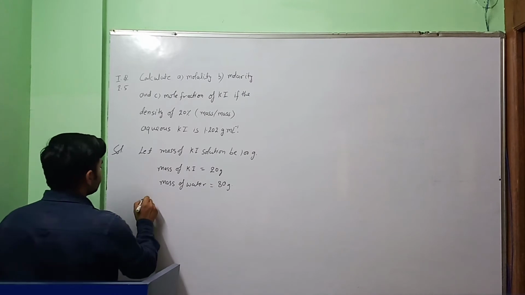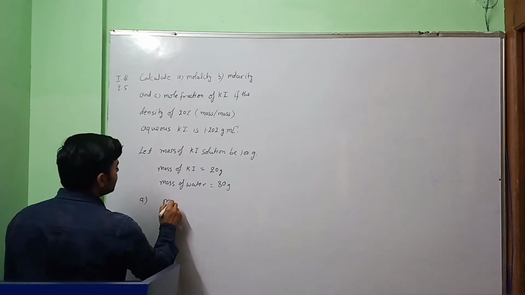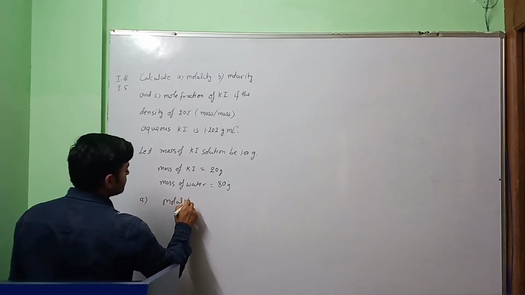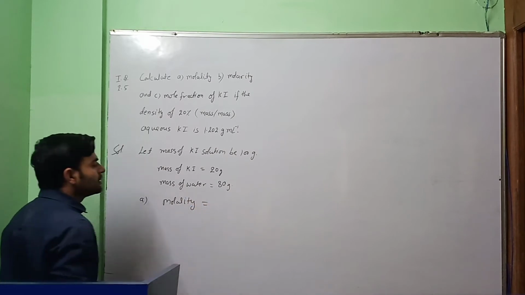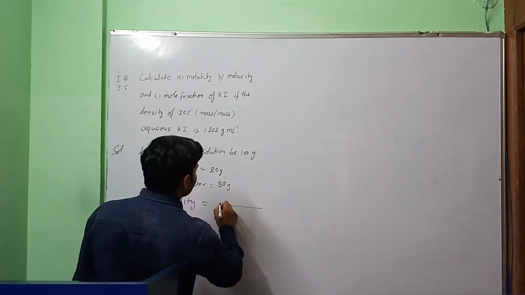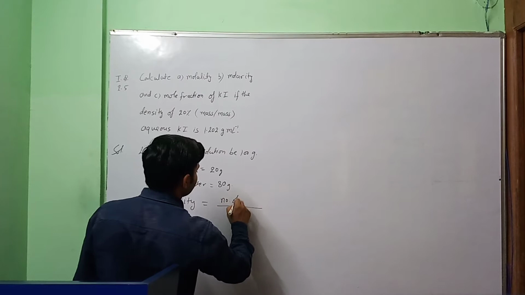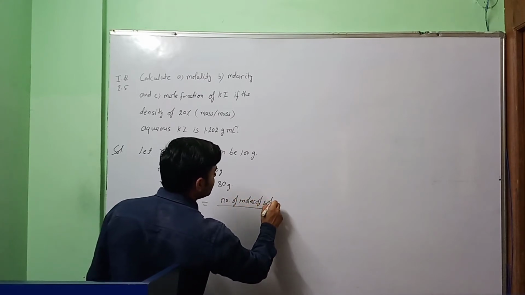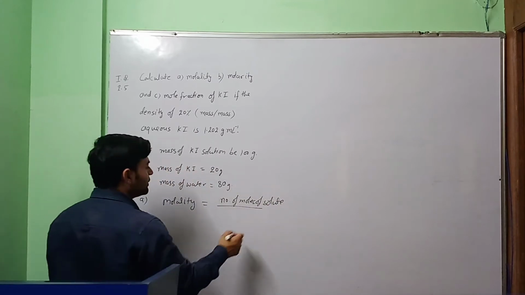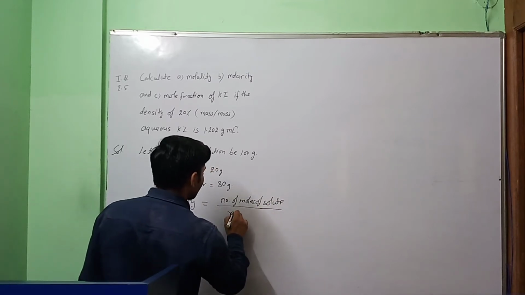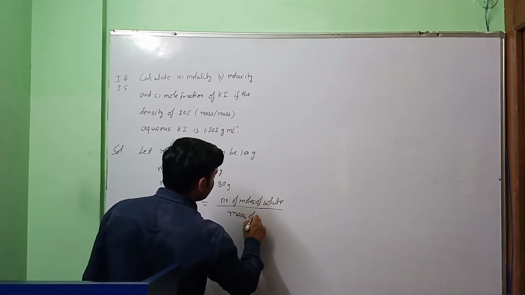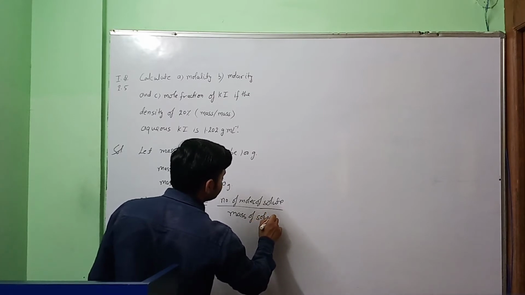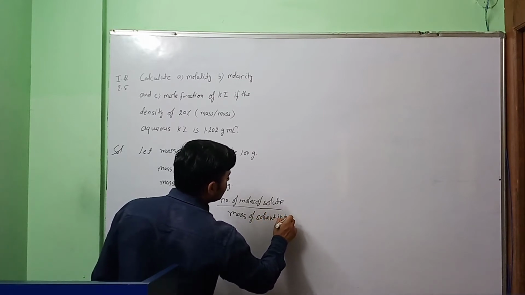Now the first part we have to calculate is molality. Molality is given by the formula: number of moles of solute divided by mass of solvent in kilogram.